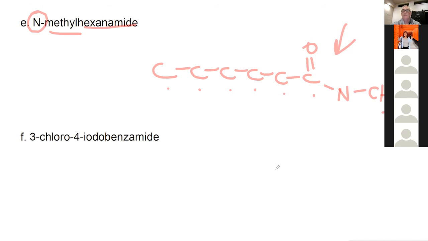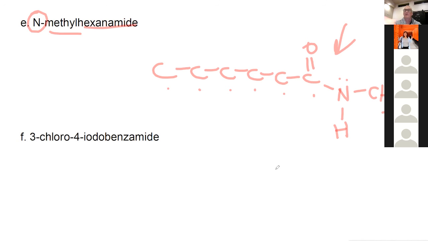But the nitrogen that the hexanamide is bonded to also has a methyl group on it. So this nitrogen, what else would be attached to it? One more hydrogen. Yeah, there would be a hydrogen there. And a lone pair, but we don't have to include the lone pair. So that's what that would look like.